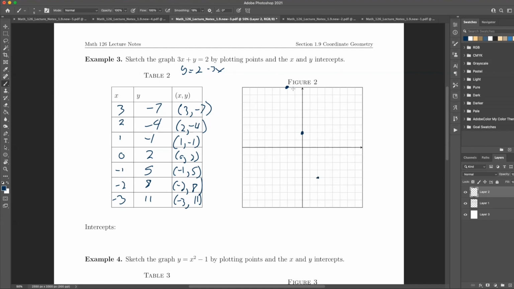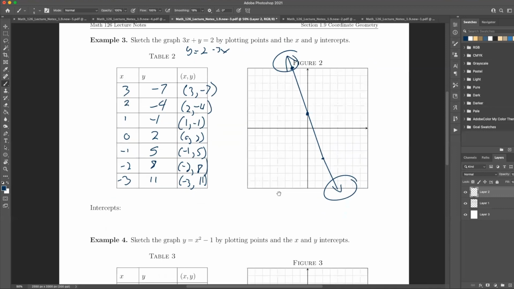And through the magical skill, I can draw a perfectly straight line. The arrows mean that the line continues beyond this; I've only drawn a section of the entire graph.